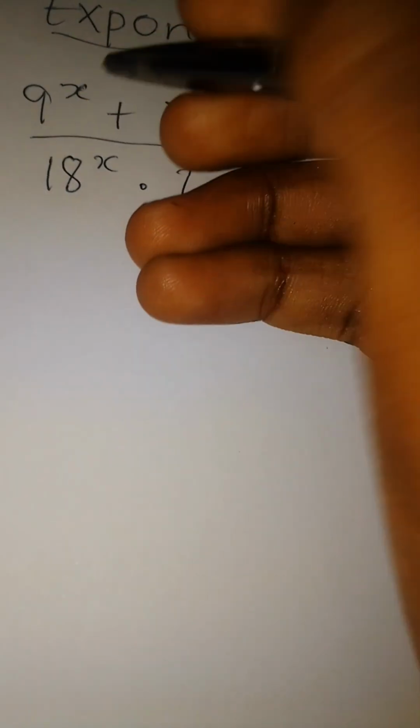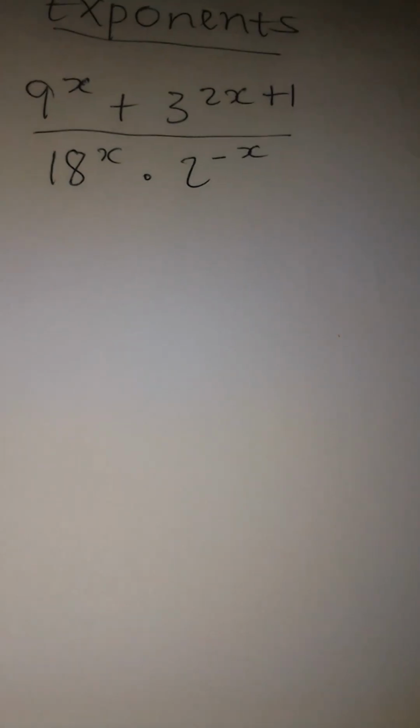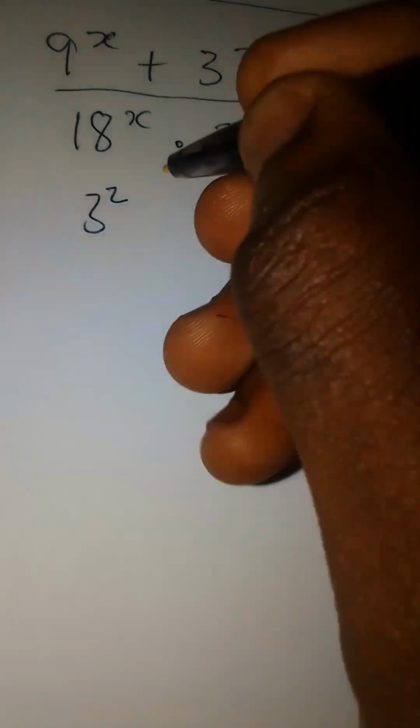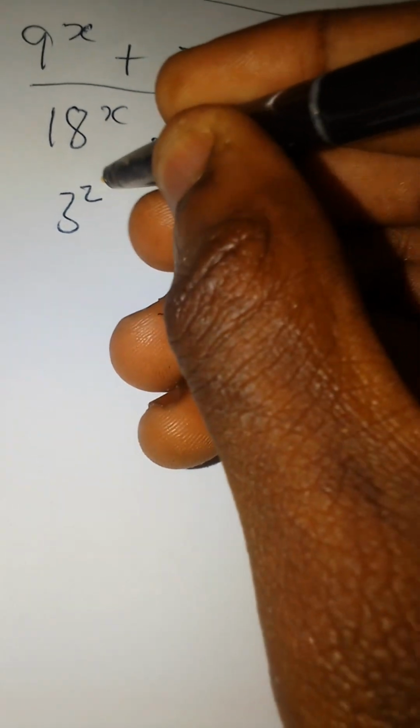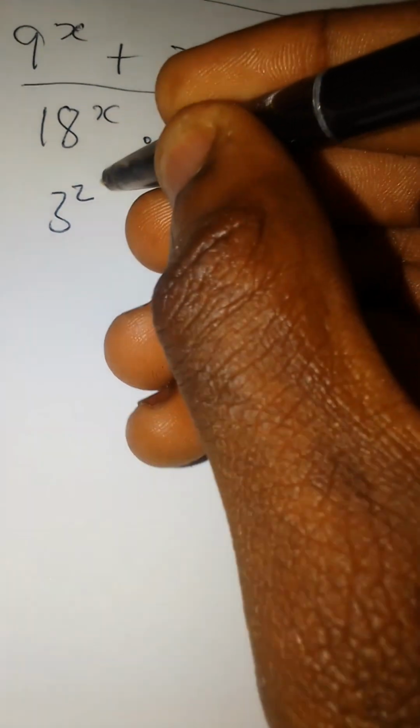So I have 9 to the power x. 9 is the same as 3 times 3, which gives me 3 to the power of 2x, because 2 times x gives me 2x.